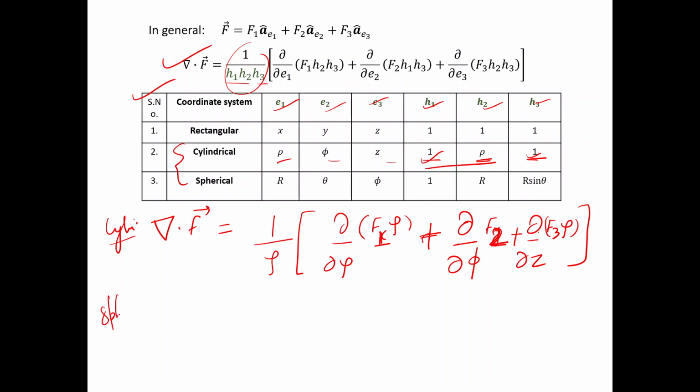And for spherical, the del dot f will be 1 upon h1 h2 h3, which is 1 by r square sin theta.